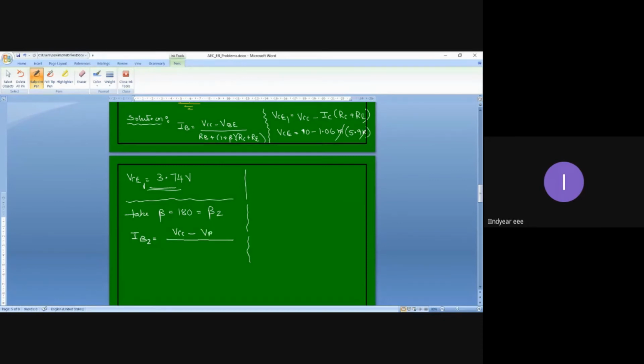IB2 is VCC minus VBE divided by RB plus (1 plus beta) times (RC plus RE).